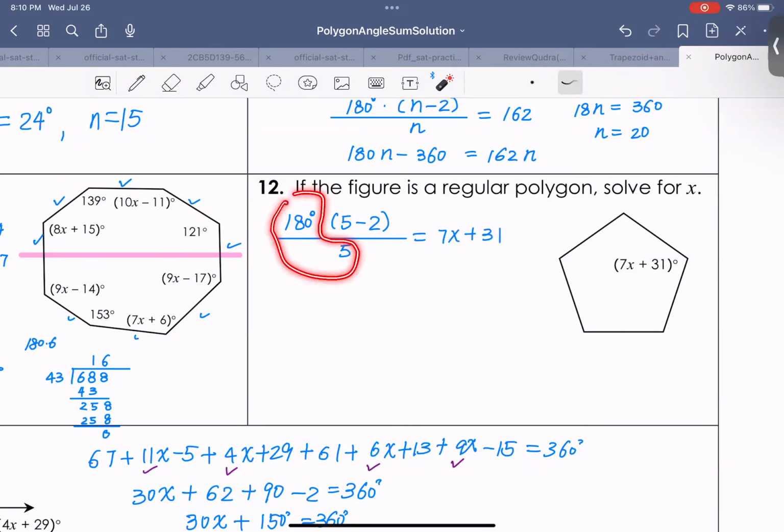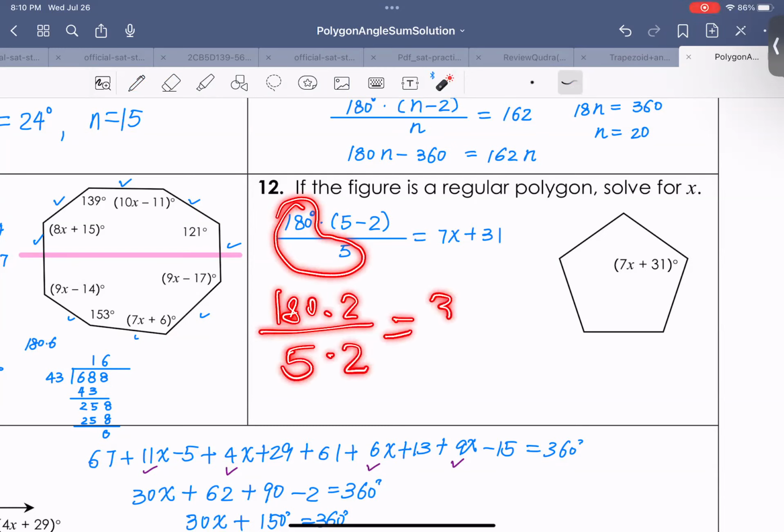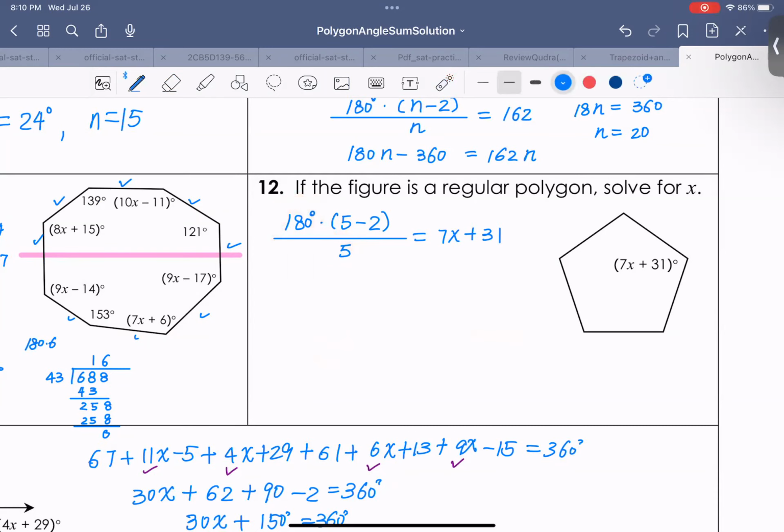So here, how much is this? 180 over 5, you can double. So this top is 360, this bottom is 10. So that means it's 36, right? 36.